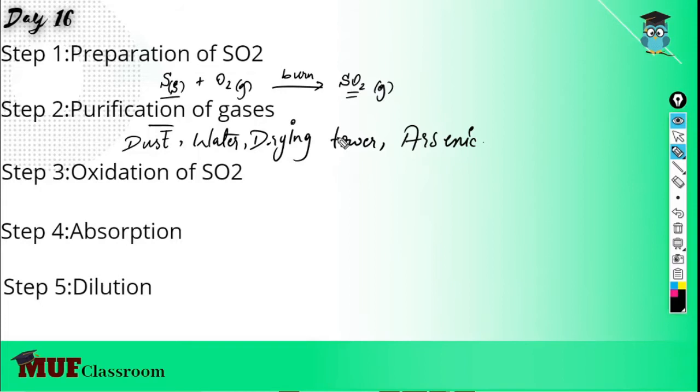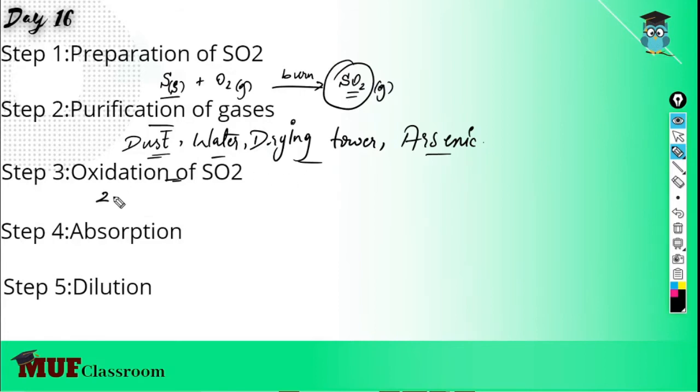So when it undergoes purification of gases, the mixture of SO2 and O2 is purified by passing through a series of chambers. Finally it gets purified and then again comes the oxidation of SO2. So the formed product is again oxidized.